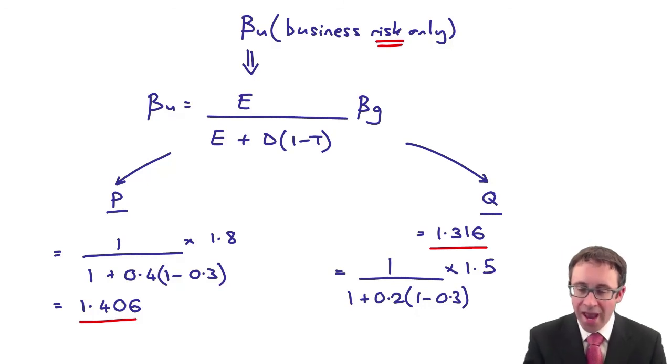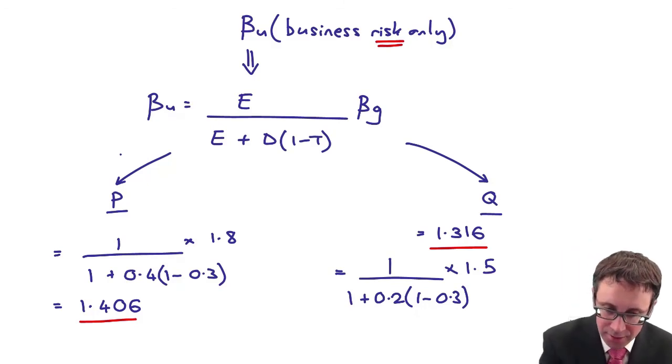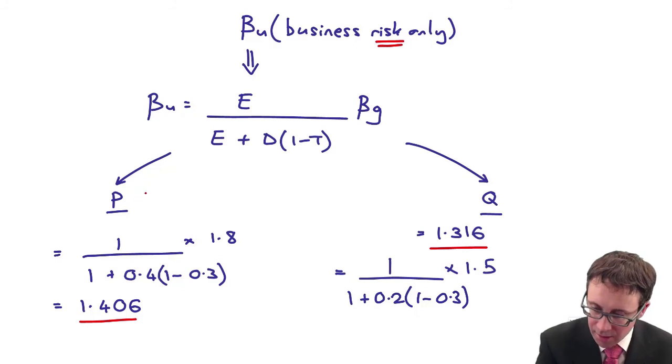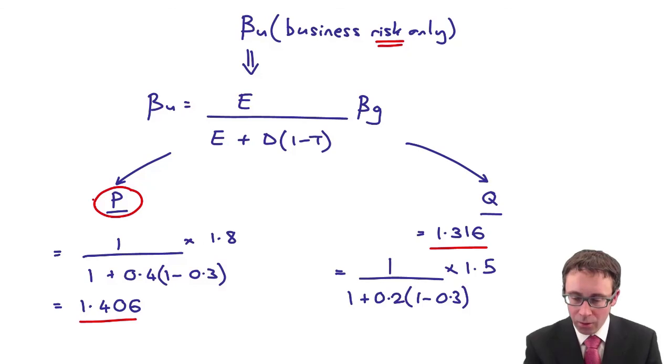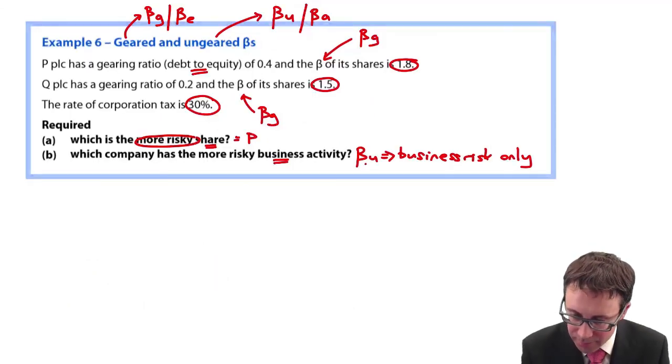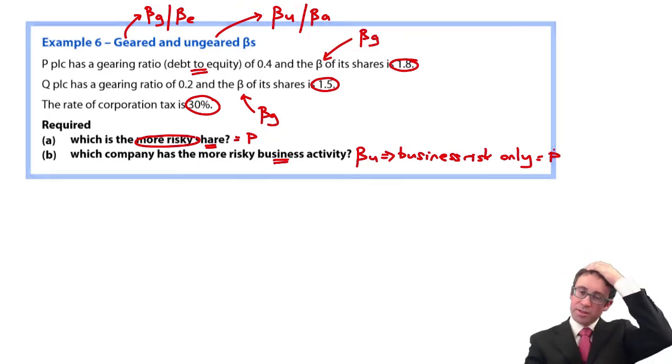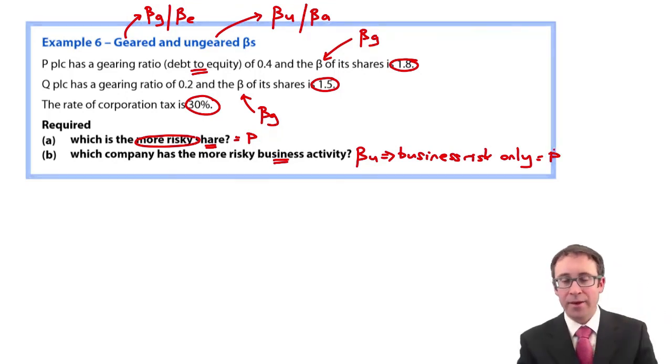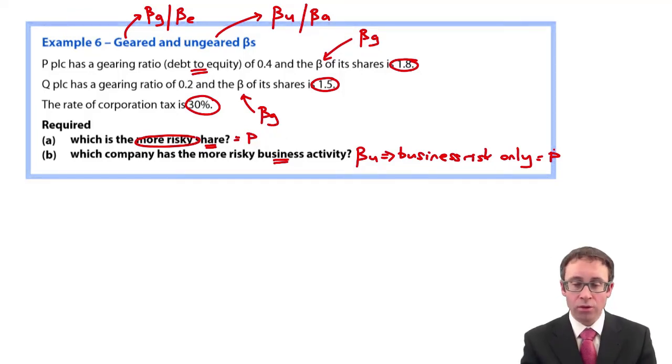And therefore the higher of the two is P. So P also has the higher level of business risk. P is overall the most risky.